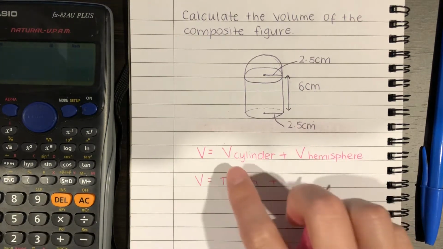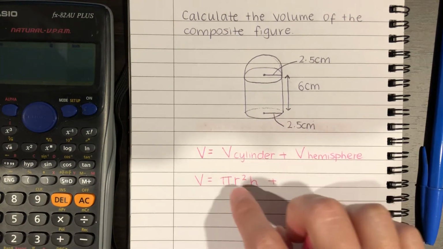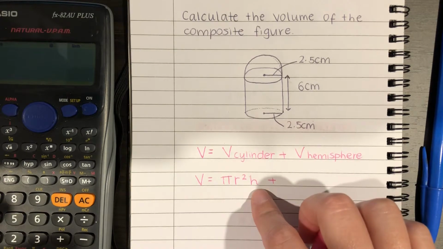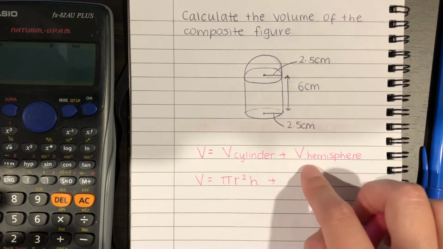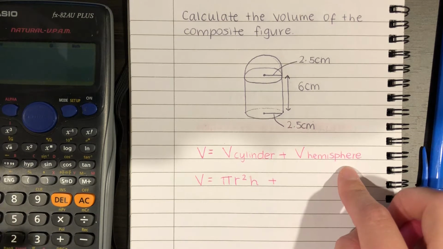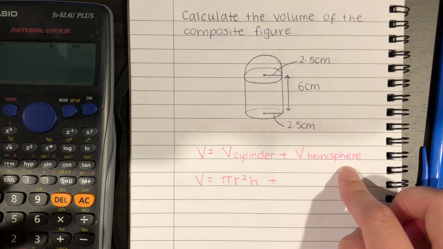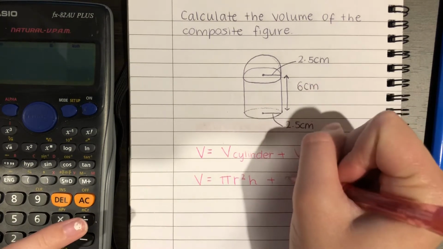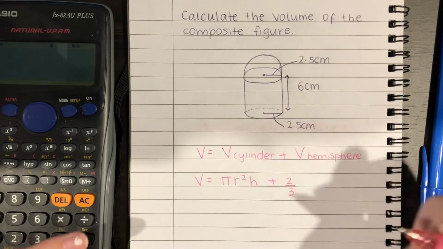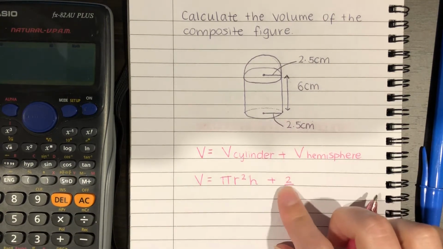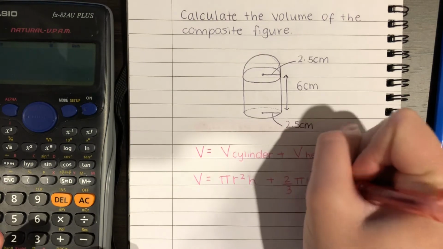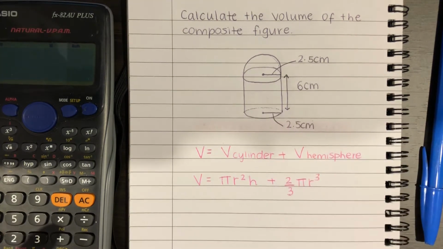If I did, I was meant to say the volume of this cylinder is pi r squared h plus the volume of the hemisphere, which we learnt before was 2/3. So 2/3 is the front part, and then it's pi r cubed.